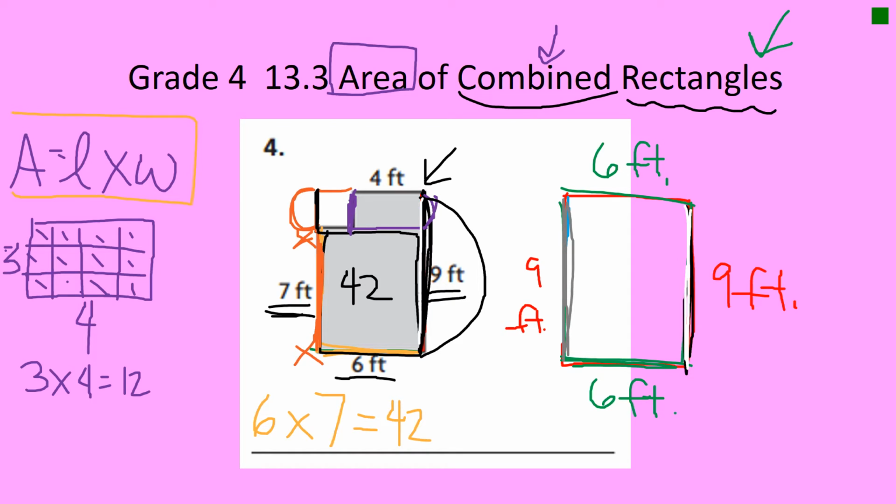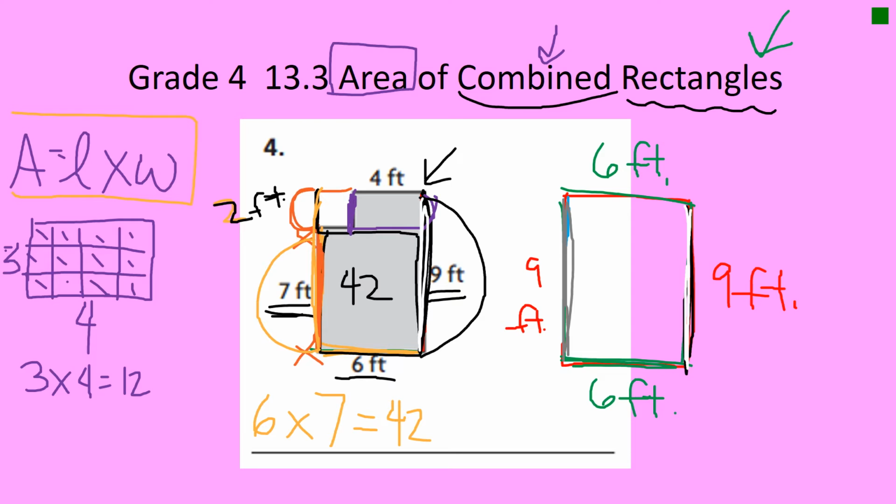Here are 7 of those feet, plus how many more to make the 9? 7, 8, 9. 2. So, I'll use a different color. 2 feet.